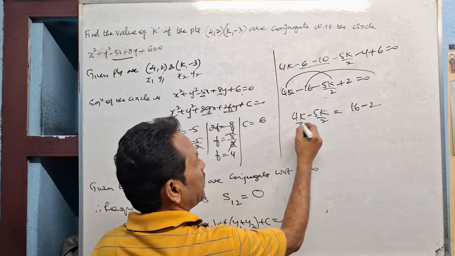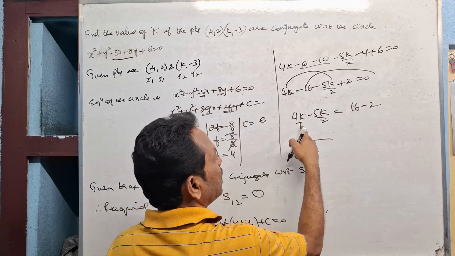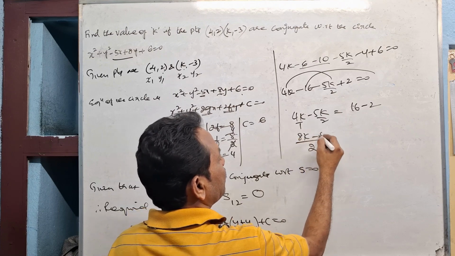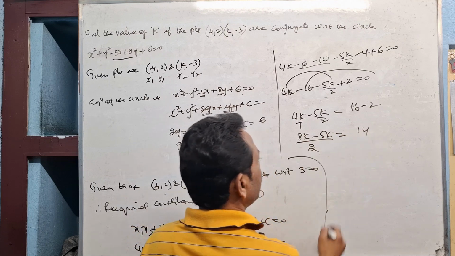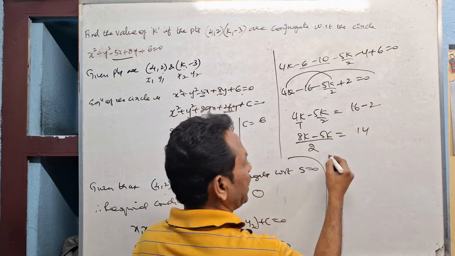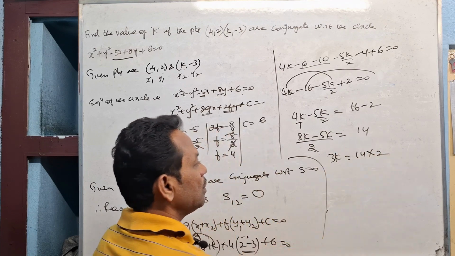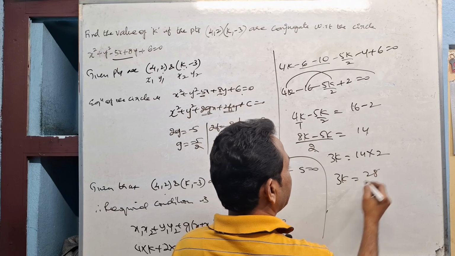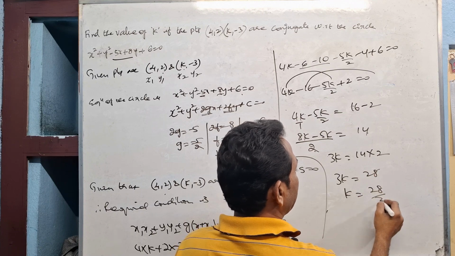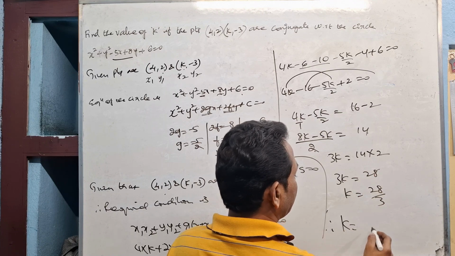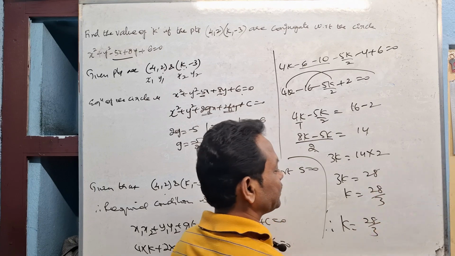Okay, now let me take LCM here. LCM value is 2, so 8k minus 5k equal to 14. 8k minus 5k is 3k equal to 14 into 2, so 3k equal to 28, k equal to 28 by 3. Therefore the value of k is 28 by 3.